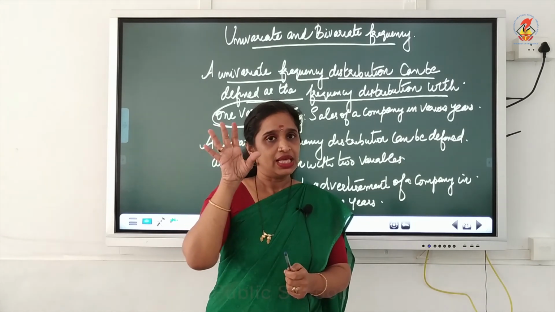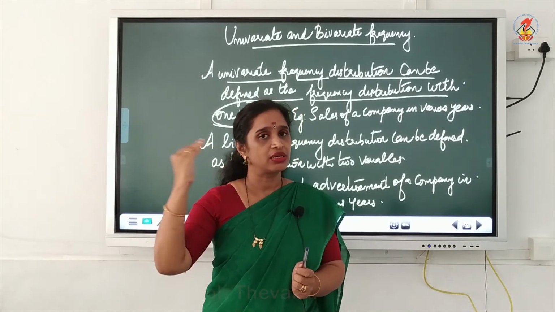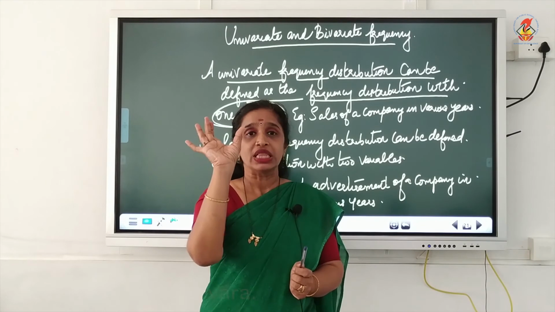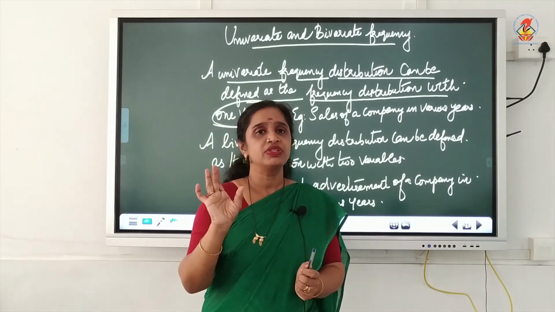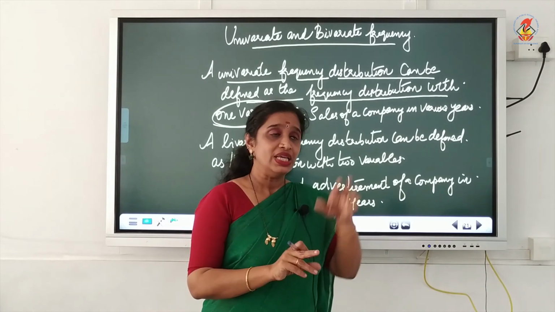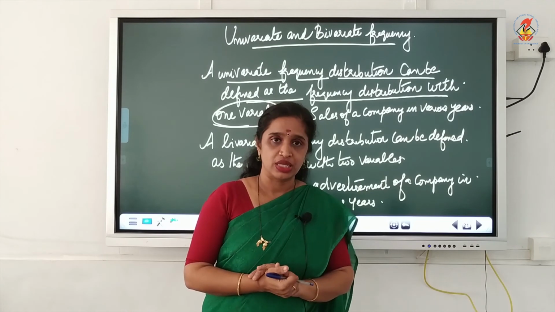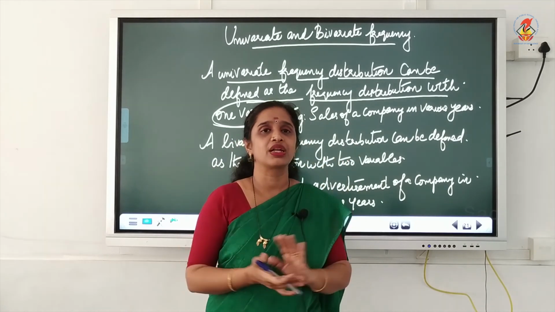So year is depicted with one variable. Year is also variable, the other one is also variable. So year on one side and the production of food grains on the other side. So it will be easy to draw the graph even.